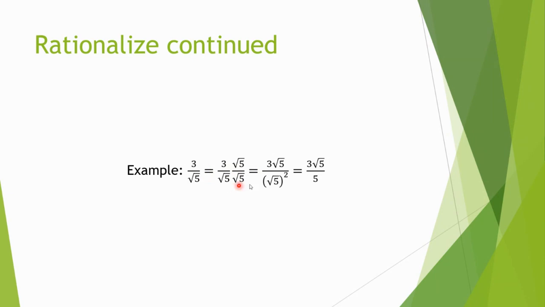On the bottom, we get the square root of 5 times itself, which is this. Using the same property from earlier, the denominator becomes this. And this is what I was trying to say before. Here we have a 3, so we do write it, but if instead of 3 we had a 1, you don't write 1 radical 5. You would just write radical 5. Just something I wanted to point out.